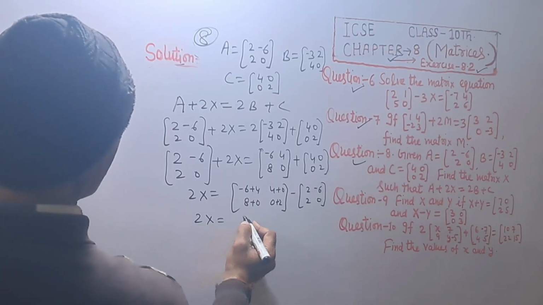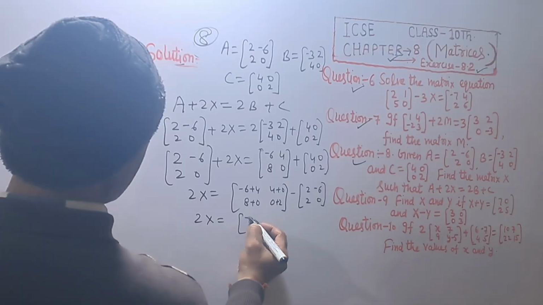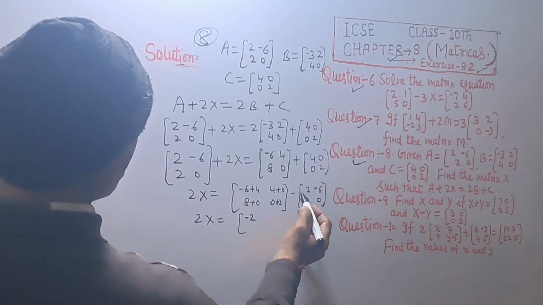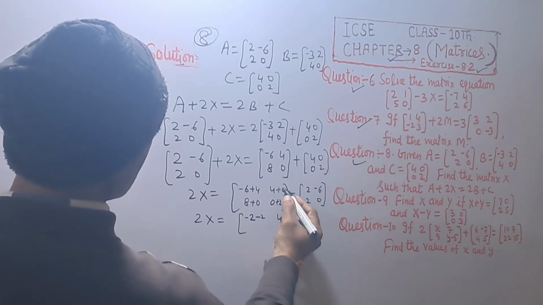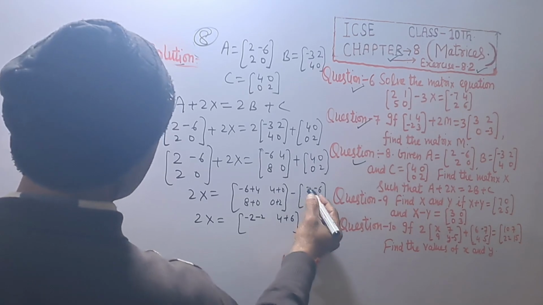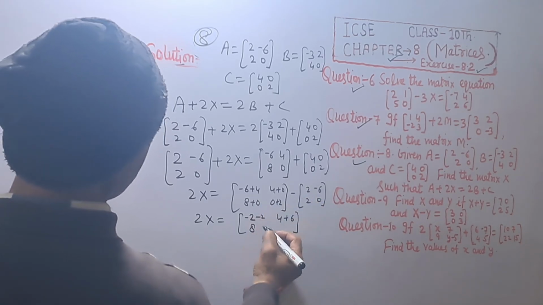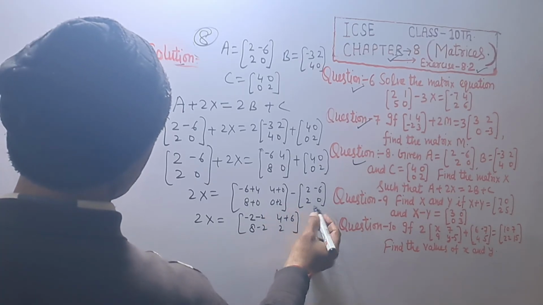So 2x equal to minus 6 plus 4, that is minus 2, and minus 2. 4 plus 6, minus minus will be positive, and 8 minus 2, 2 minus 0.